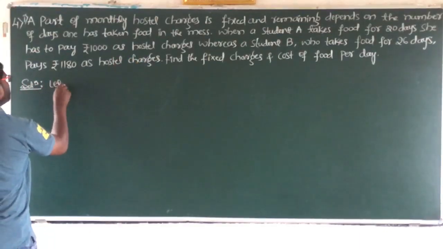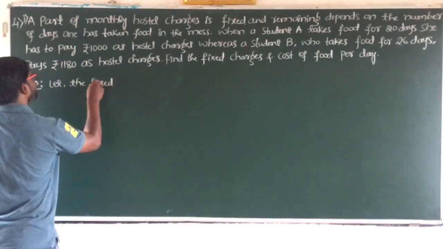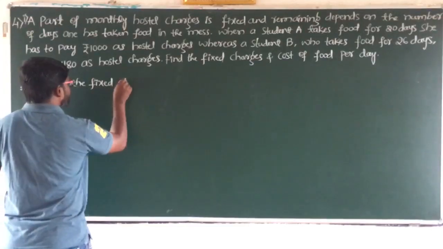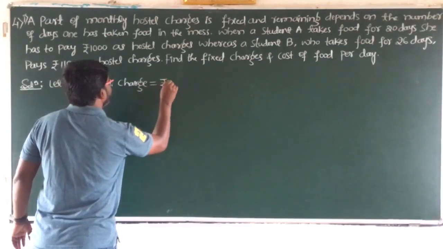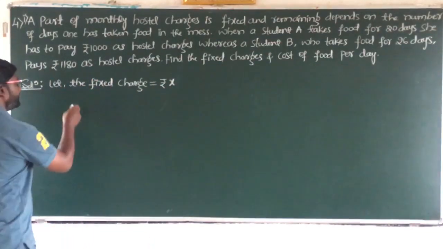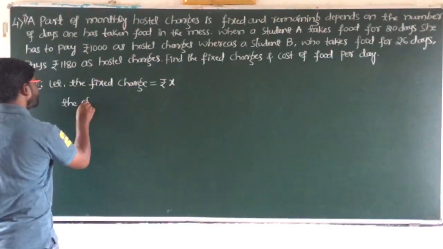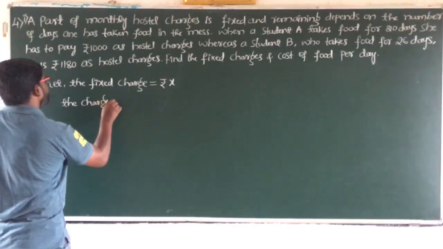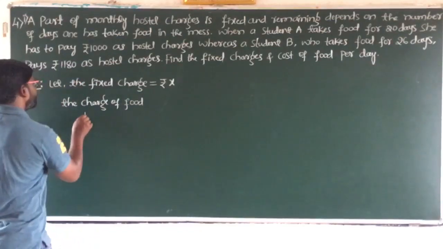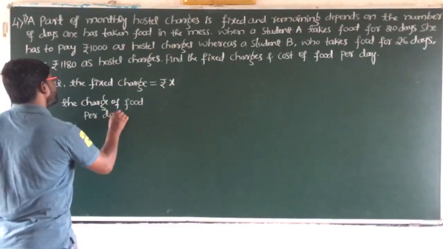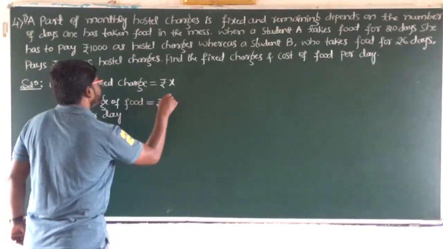Let the fixed charge be x rupees and the charge of food per day be y rupees.